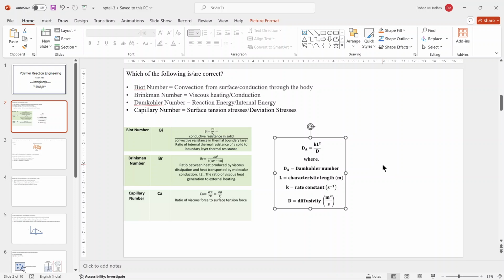But the fourth one we have is surface tension stresses by deviation stresses for the capillary number. The definition of the capillary number is the ratio of viscous force to the surface tension force.